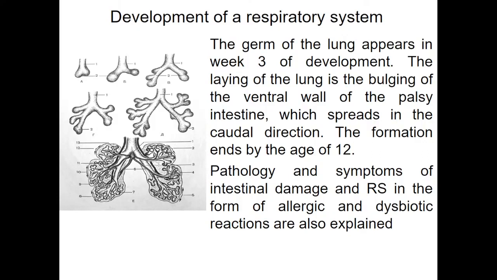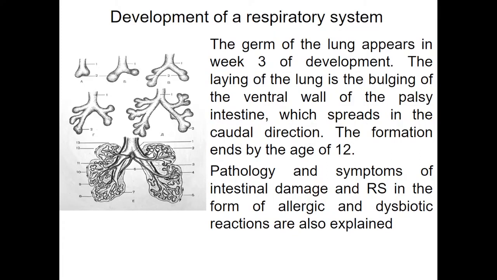If the separation of the digestive and respiratory tube is not complete, abnormal communications may be detected between the larynx or trachea and the esophagus. The formation is completed by the age of 12.